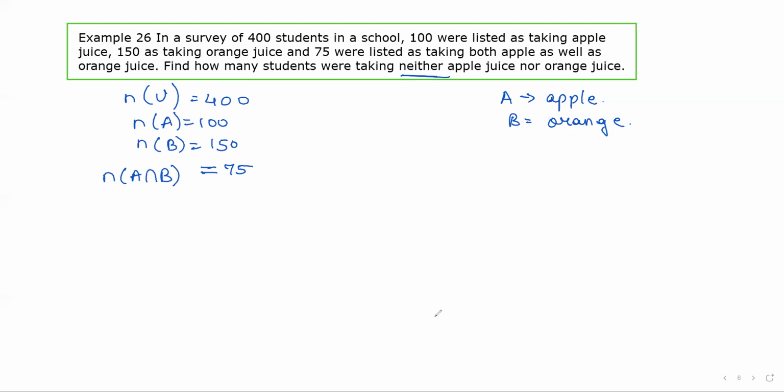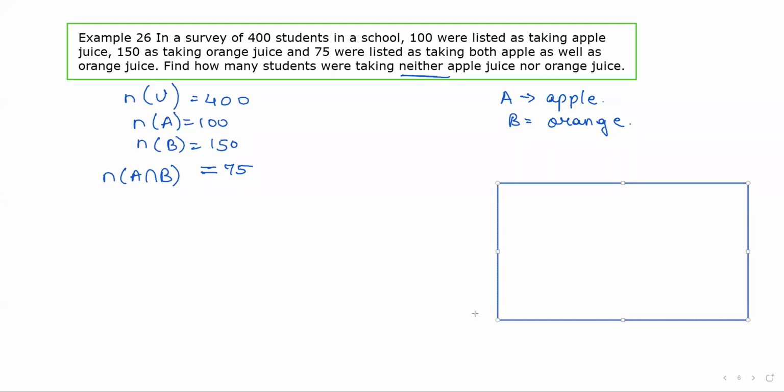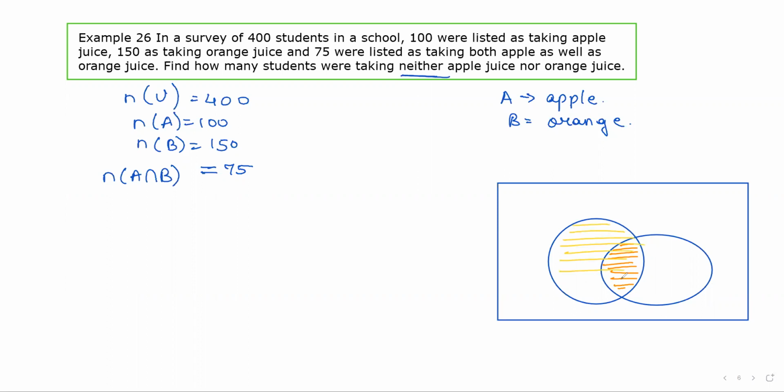If you draw it in the form of a Venn diagram, this region is A intersection B. This region is A union B, and the outside region would be the region where students do not drink.